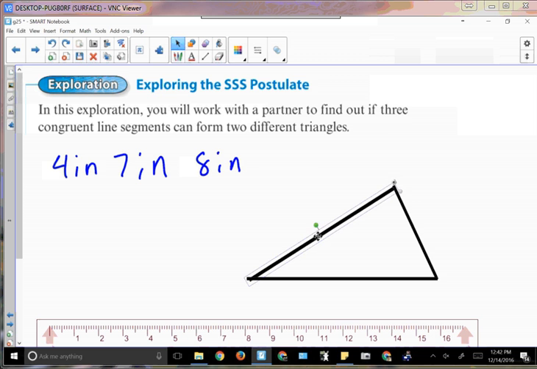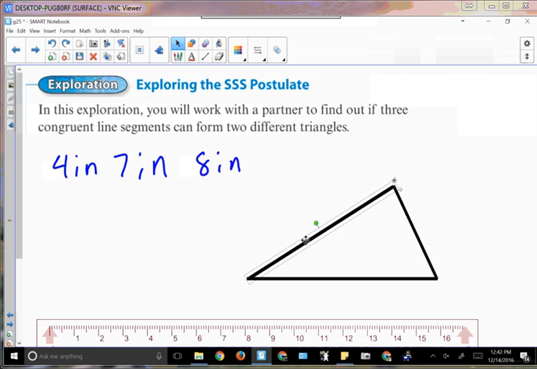But my question now goes to you guys: if I've got a triangle that looks like this, that one is 4, one is 8, one is 7, are all of the triangles made like this exactly the same? Is every one of them going to have the same angle?